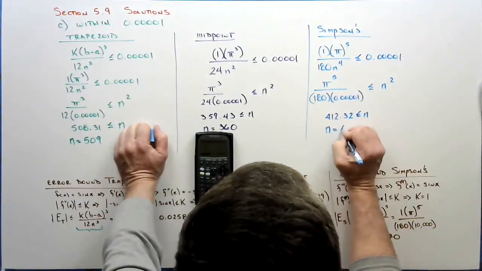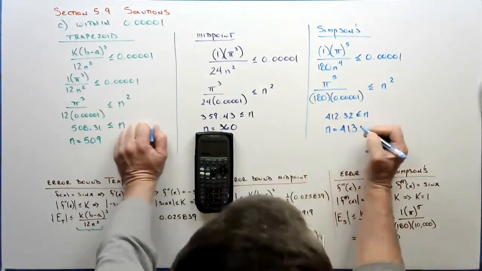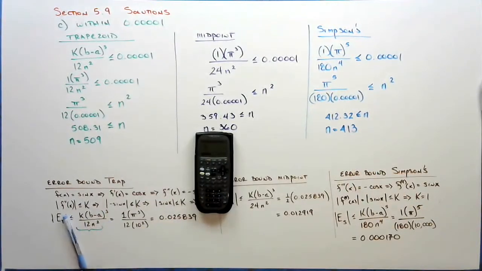So n equals 413. So we'll take a look in the back of the book, see how we did on these.